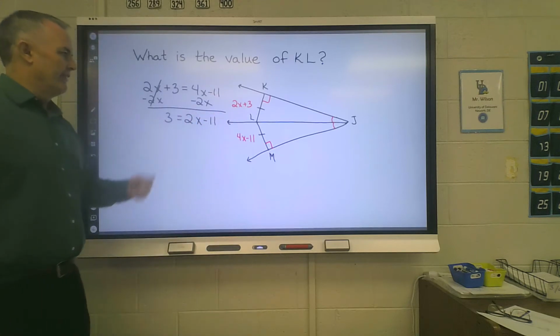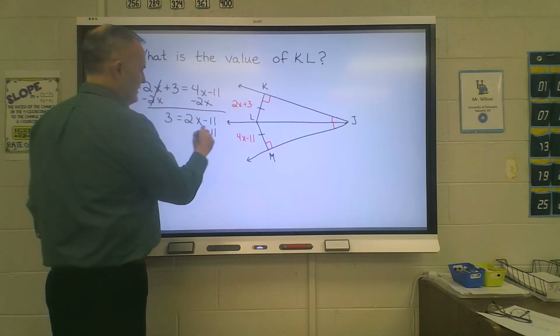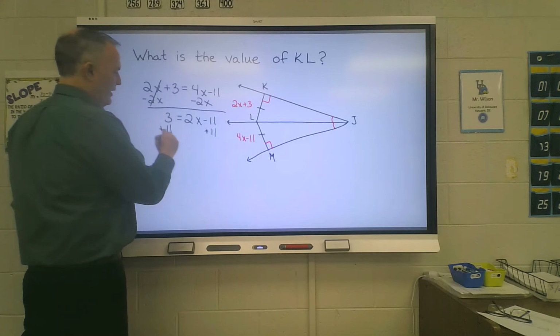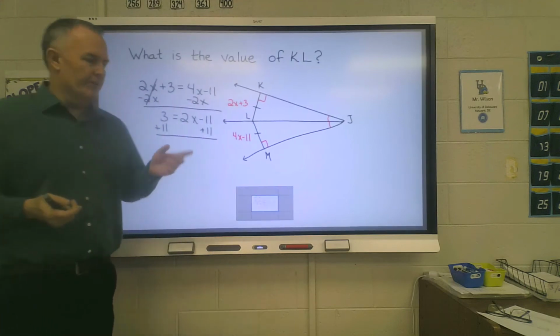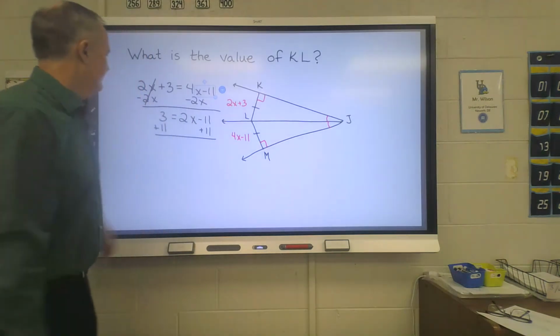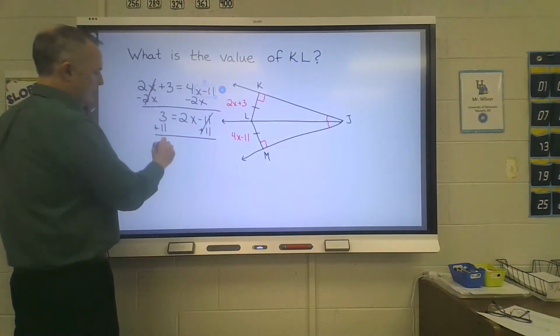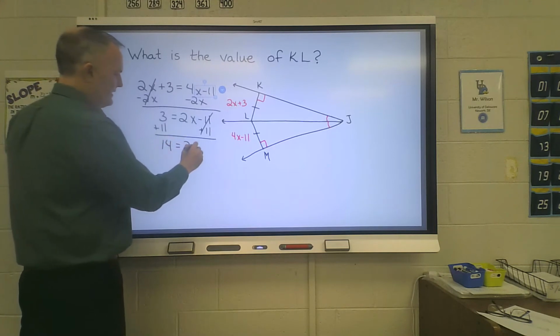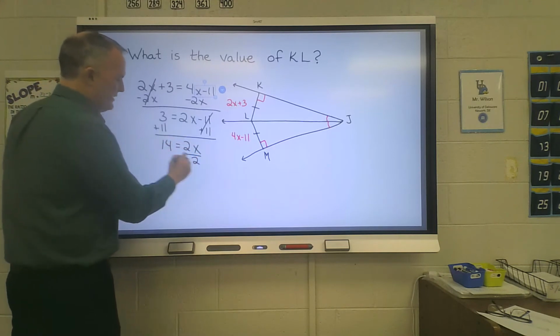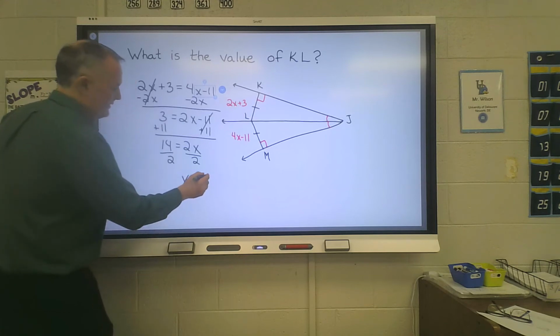Now I'm going to move the 11 over by adding 11 to both sides. Remember, you always do the opposite of whatever it's telling you to do. So here it says subtract 11. If you want to move it, you're going to add 11. But whatever you do to one side, you have to do to the other side. So this gives me 14 equals 2x. If I divide both sides by 2, x is going to be 7.